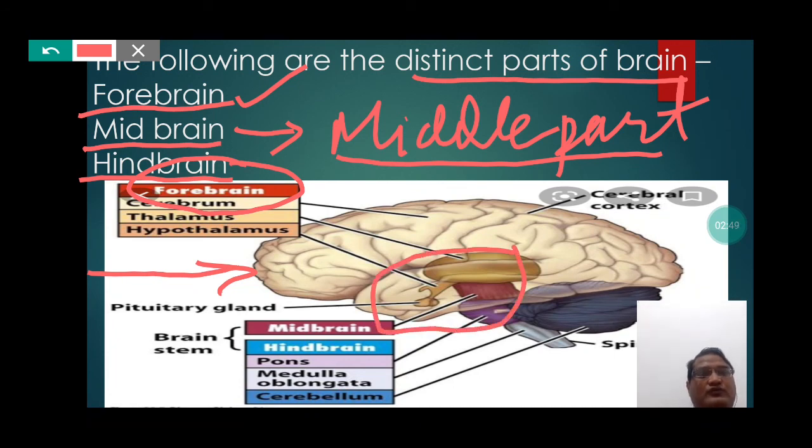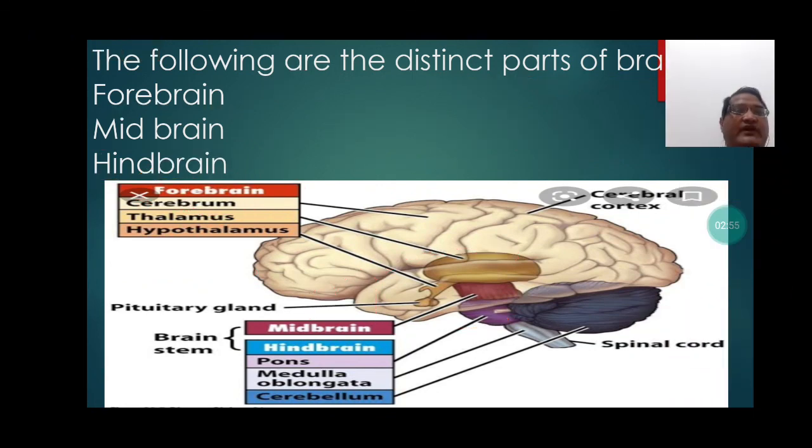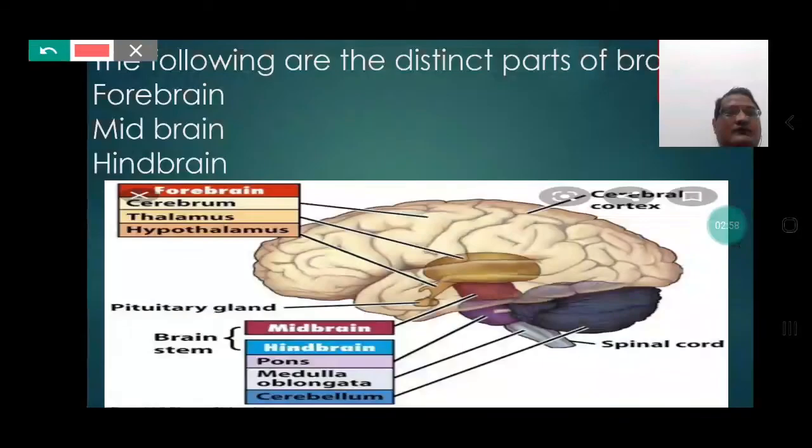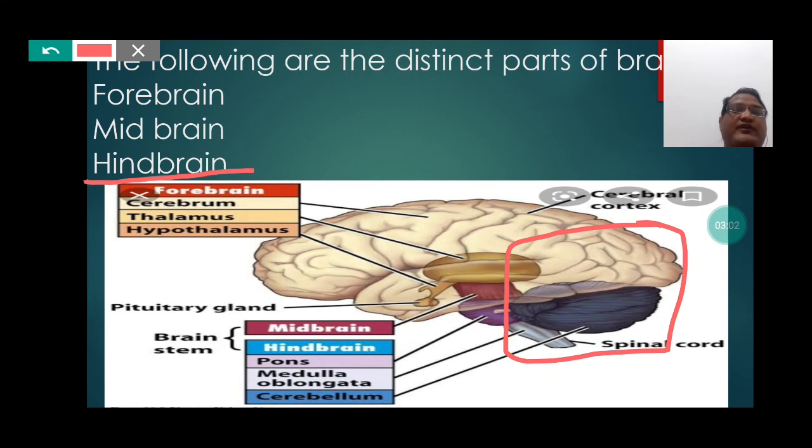Now students, the hindbrain is actually the ventral part of the brain. So students, hindbrain, if you concentrate, you can find here, which comprises of pons, medulla oblongata and cerebellum, and these all three remain present at the back of the brain.